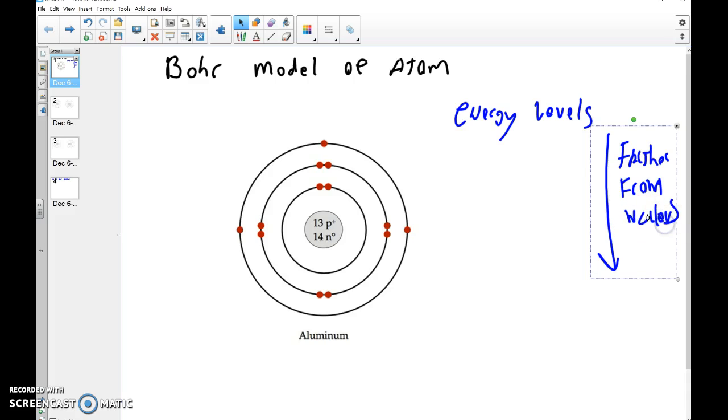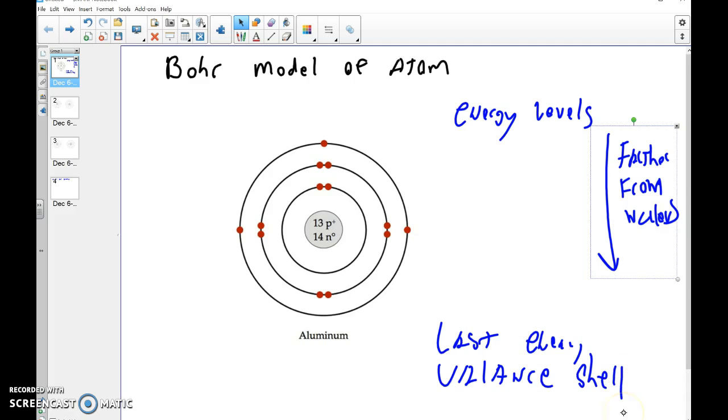There are a lot of places that electrons can be within those energy levels. There are actually different shapes within the energy levels themselves. For right now, we're going to deal with only a very basic thing. The other key idea is no matter what, the last energy level is known as the valence shell.